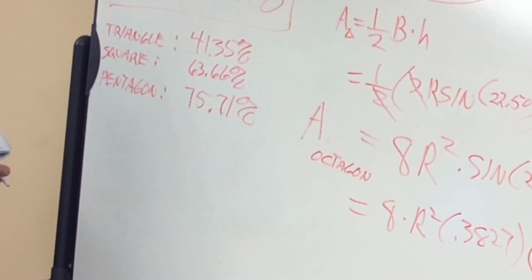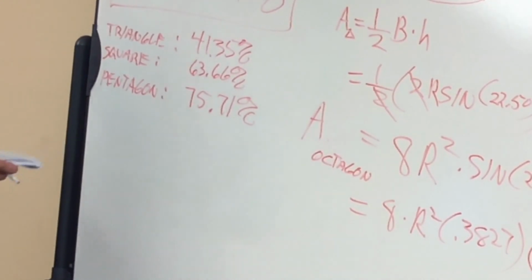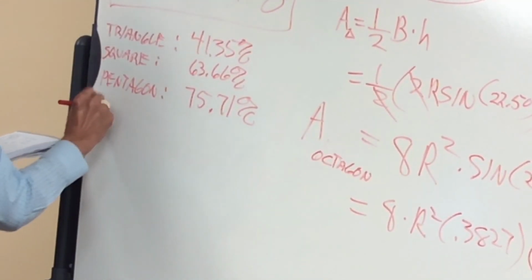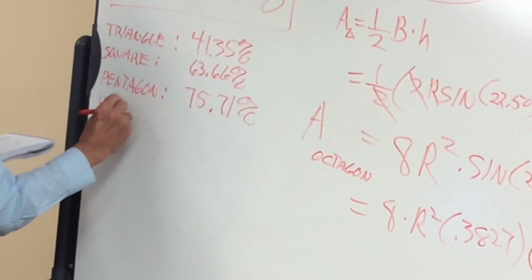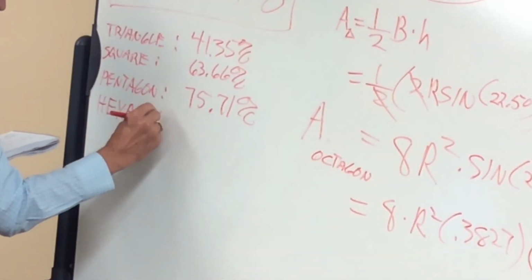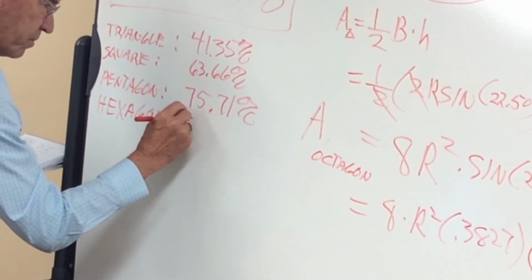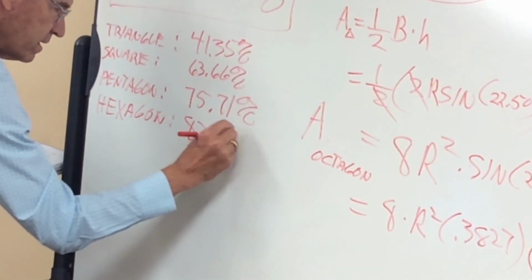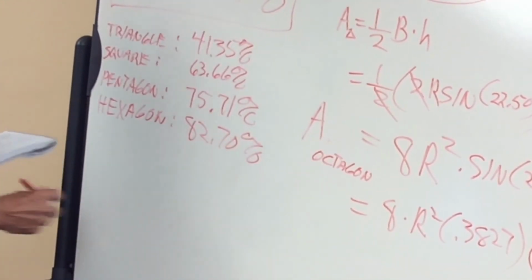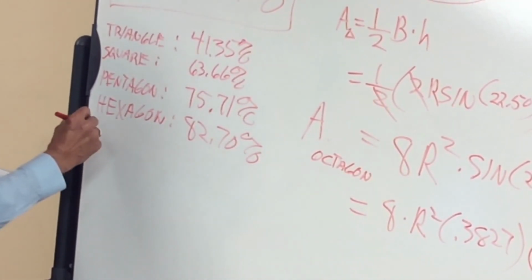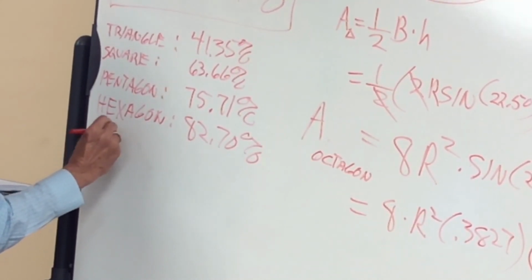The hexagon, which is a popular shape, especially in machinery and so forth, is 82.7%. The heptagon or septagon, both are used for 7-sided. I use heptagon.